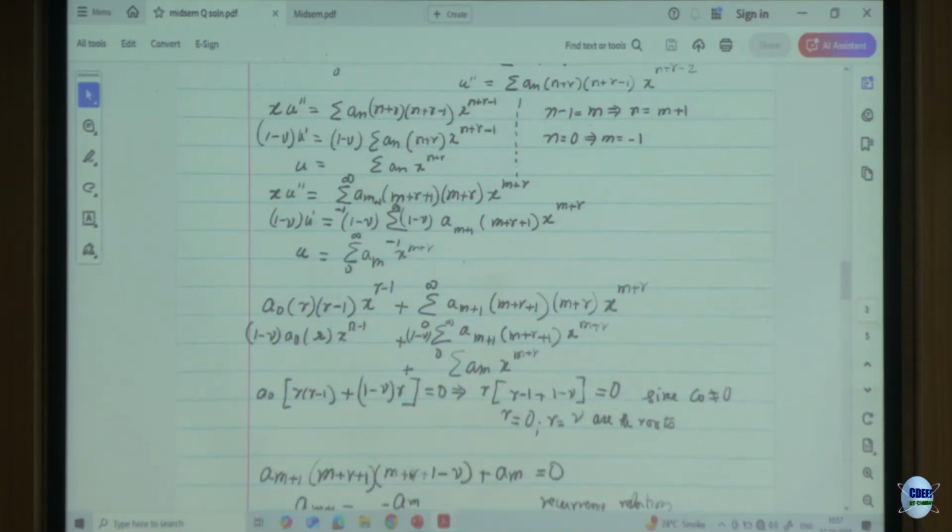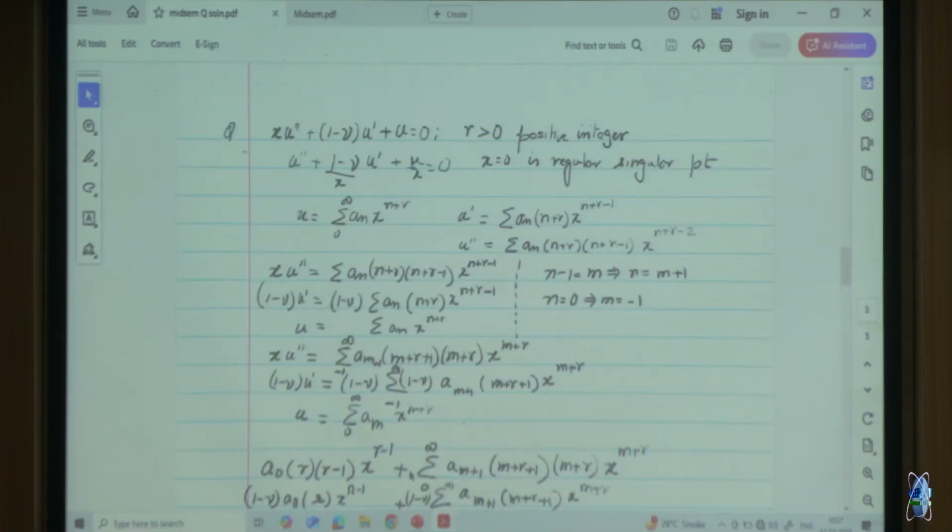Okay, now this was the question where many people had trouble, and this is where I was harsh in correction also, for the simple reason that this was done in class in some sense. Okay, so an equation was given, and you were told to get the solution about the x equal to 0 point.